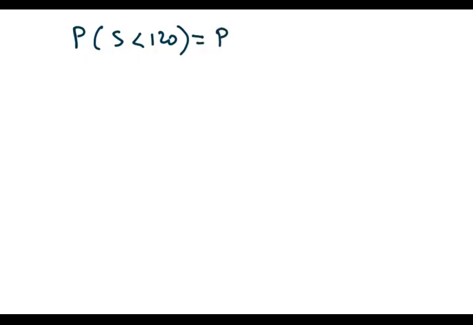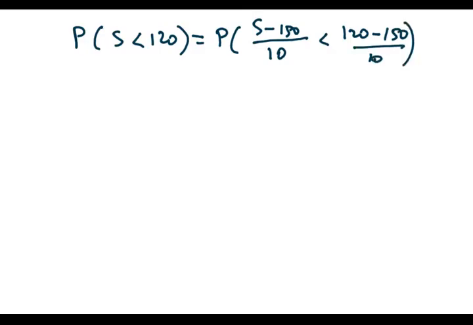This equals the probability that S minus mu, which is 150, divided by standard deviation, which is 10, is less than 120 minus 150 divided by 10, and this equals the probability that Z, which has approximately standard normal distribution, is less than minus 3.